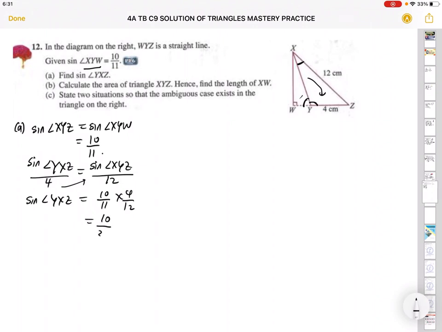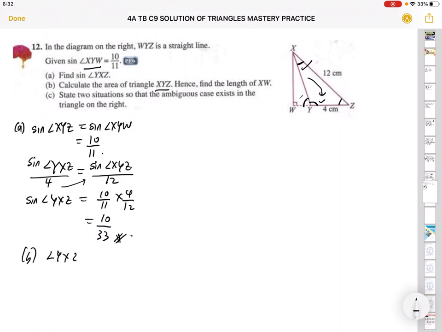Okay, part B, you're supposed to calculate the area of triangle XYZ, and hence find the length. Now we know to find the area of a triangle, I need this angle, right? But to find this angle, I need this angle and this angle. I have the sine value, but I don't know the angle. So let me start by finding angle X. From sine YXZ, we can say YXZ is sine inverse of 10 over 33.